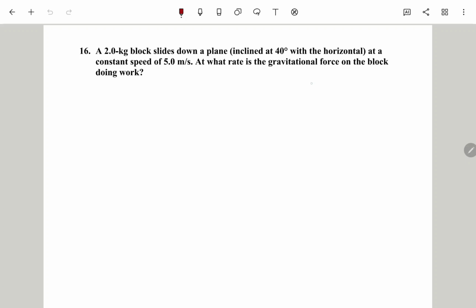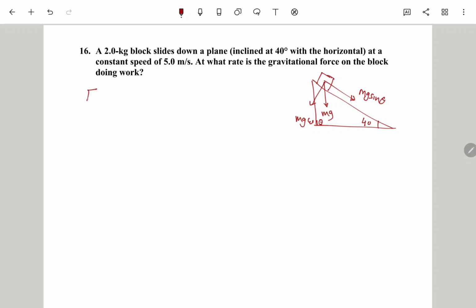Now we have here the situation, we have an inclined surface like this one here, and we have a block located somewhere here, and this is 40 degree is the angle of the inclined surface. Now we have the weight, this mg, and we have here mg cosine theta, and we have mg sine theta.